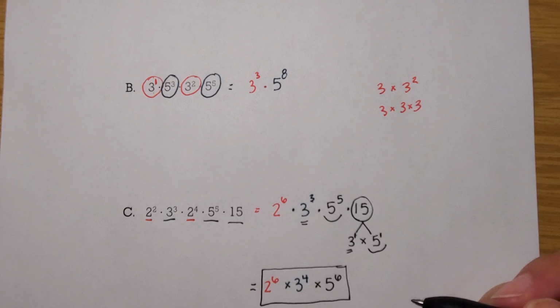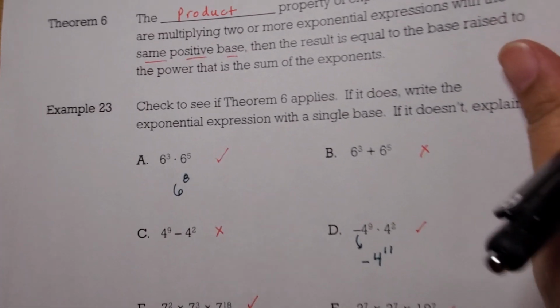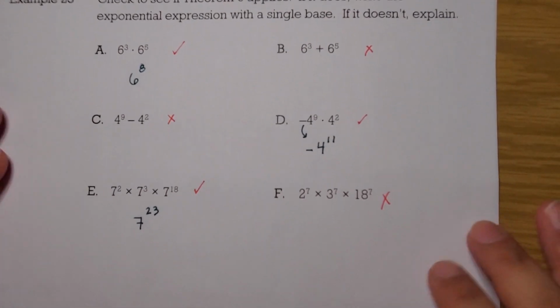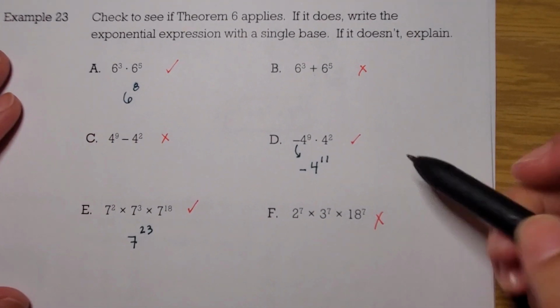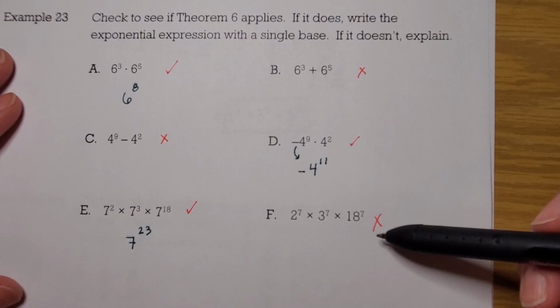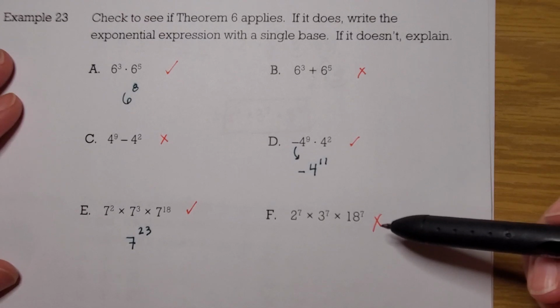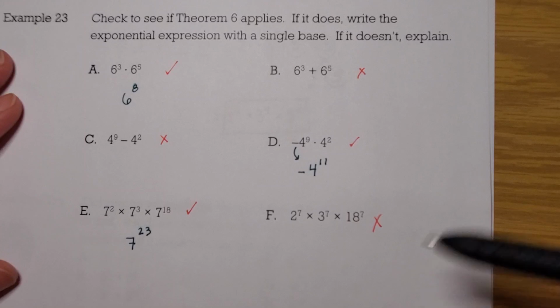All right. You know what? That makes me wonder about one of the problems we did before. Let's look at this part F that we did before, where we said we couldn't apply the theorem here. And I'm thinking of this one because that 15 was the same as 3 times 5, and 18 can be broken down as well.